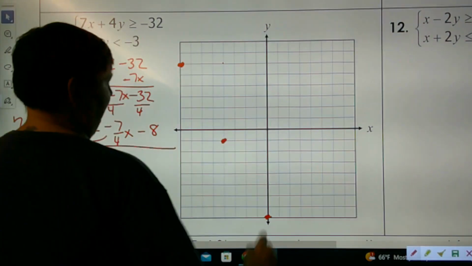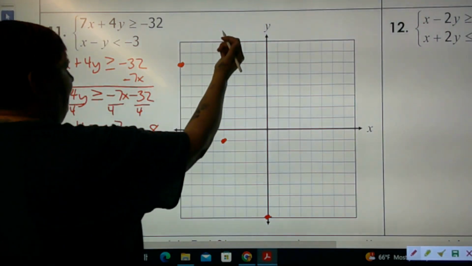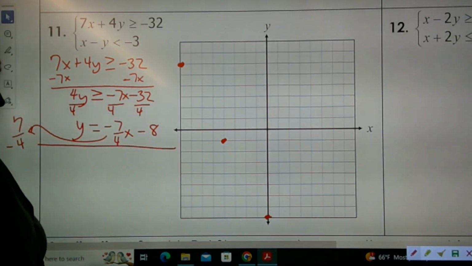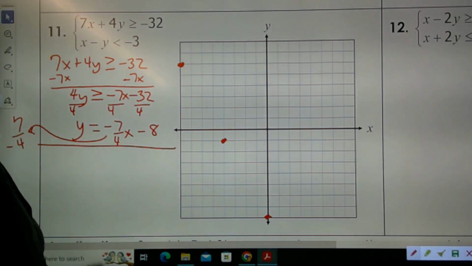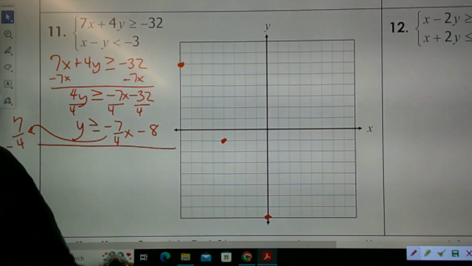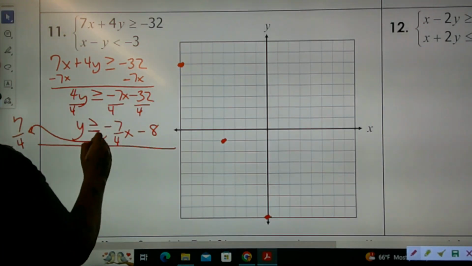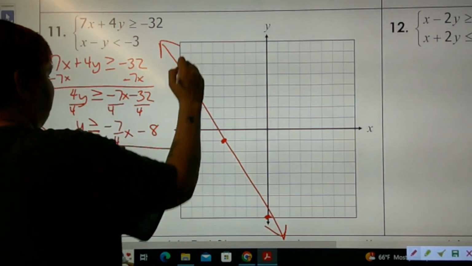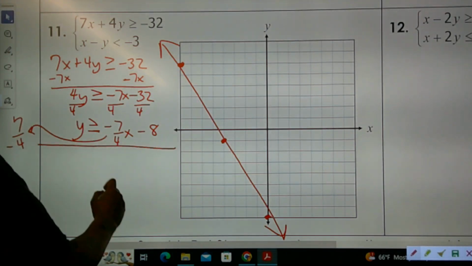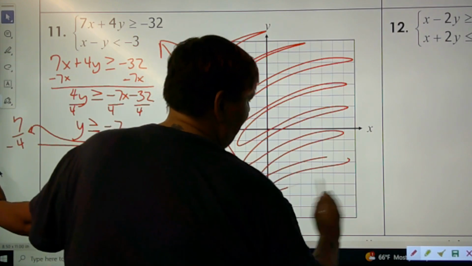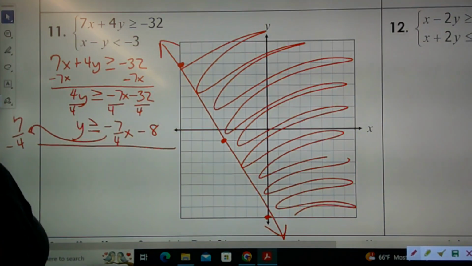Oh, we got it over. Alright, well, what do we know about this line? It's greater than or equal to. We know we can have a solid line because it's possible that it's equal to, and we know it's greater than. So we're going to cover everything above the line.